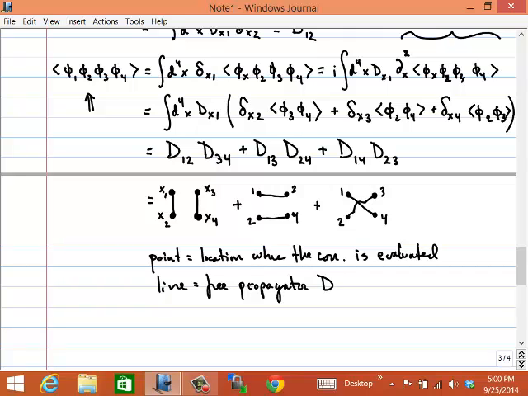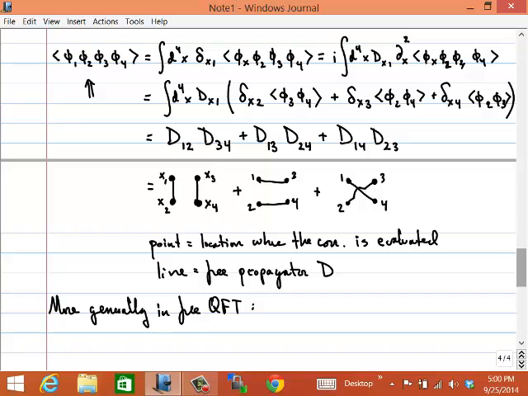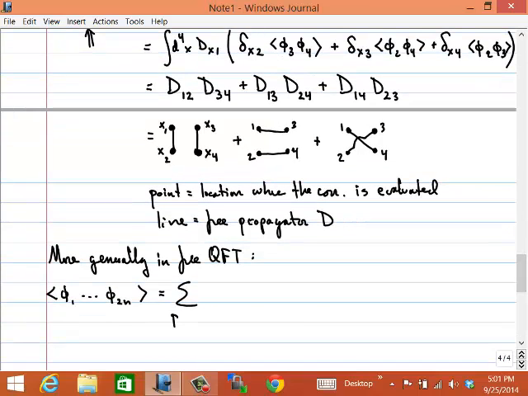And it perhaps won't surprise you that one can easily generalize this in a free quantum field theory to compute n-point functions for arbitrary n. So in particular, in a free quantum field theory, the correlation functions of an odd number of terms just vanish, and the correlation function of an even number of terms is the sum over all possible pairings.